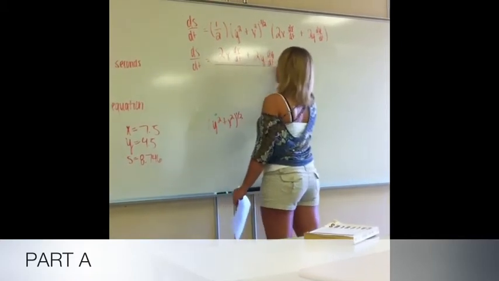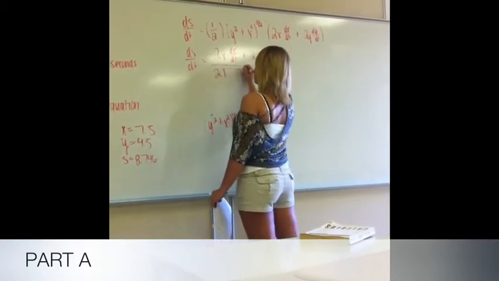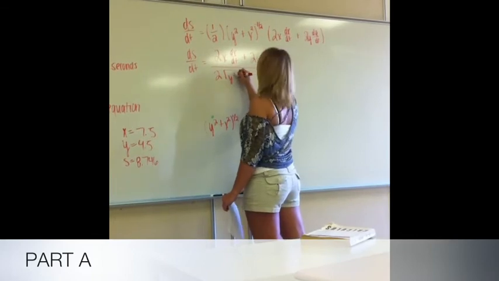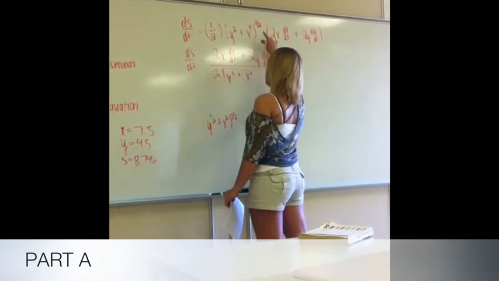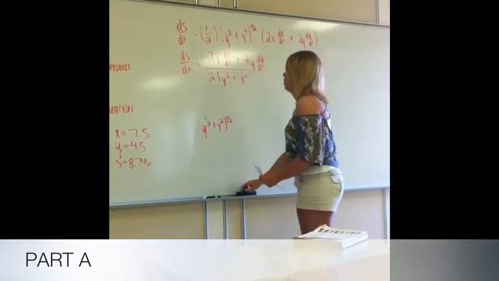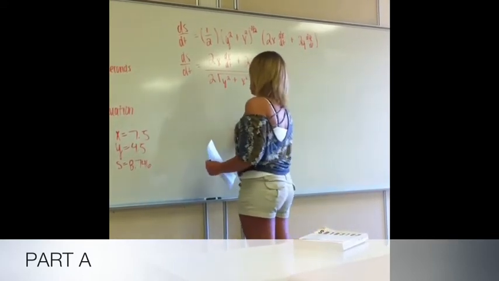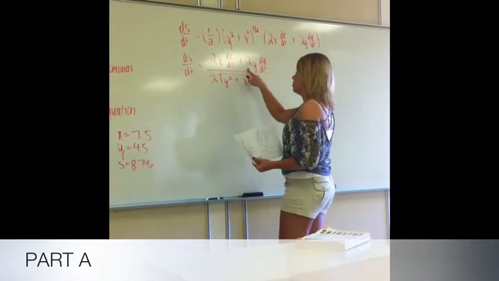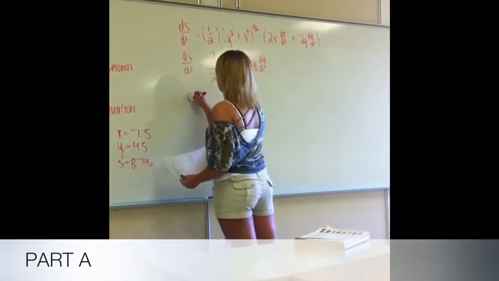And it's all going to be over 2 times the square root of y squared plus x squared, because it's negative 1/2, so that means it's in the denominator and it's the square root of it. So then, if you simplify that even more, you can take the 2's out here.